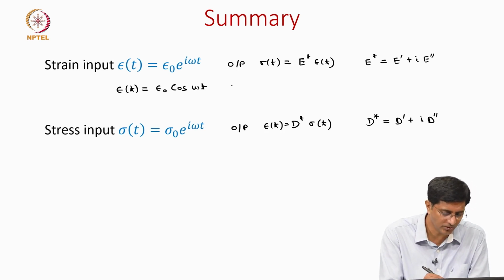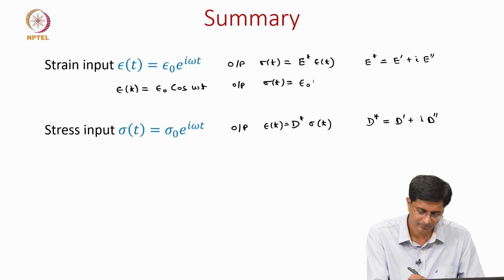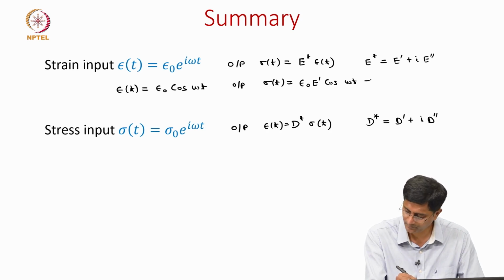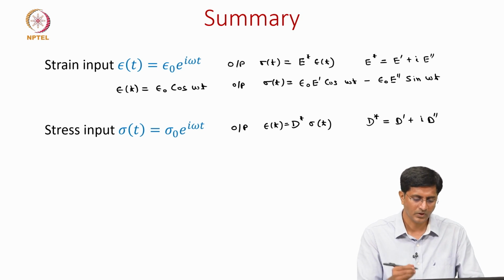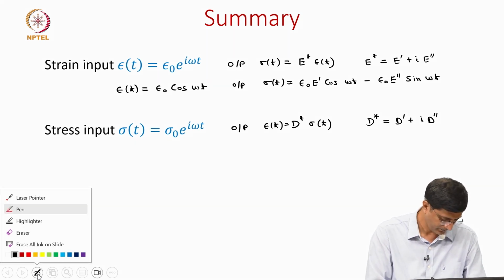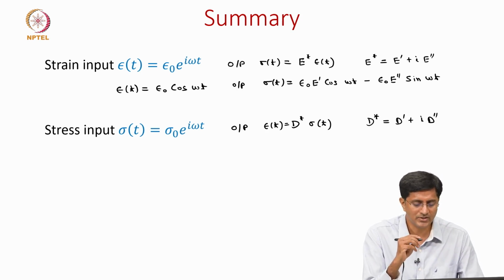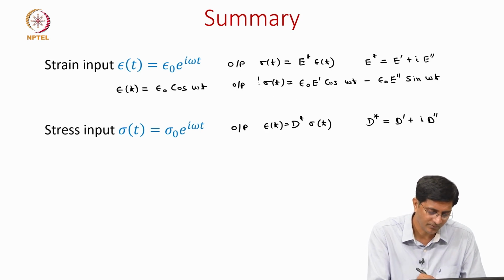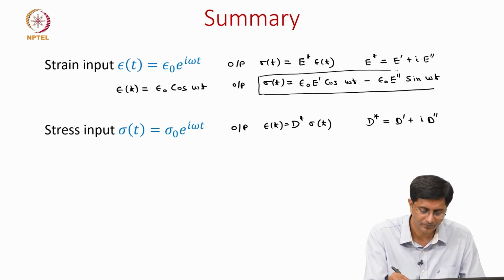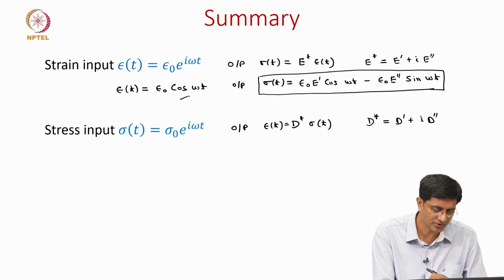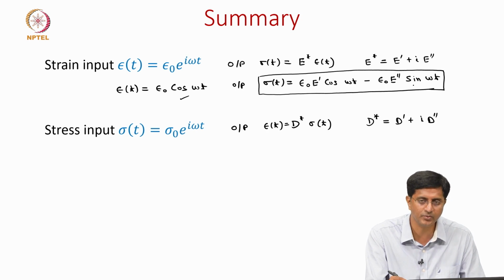For this input we have showed that the output is, so, there is one very good observation one has to make when we look at this expression for output, because we see though the input is a cos term, we have both the cos term and the sine term in the output.